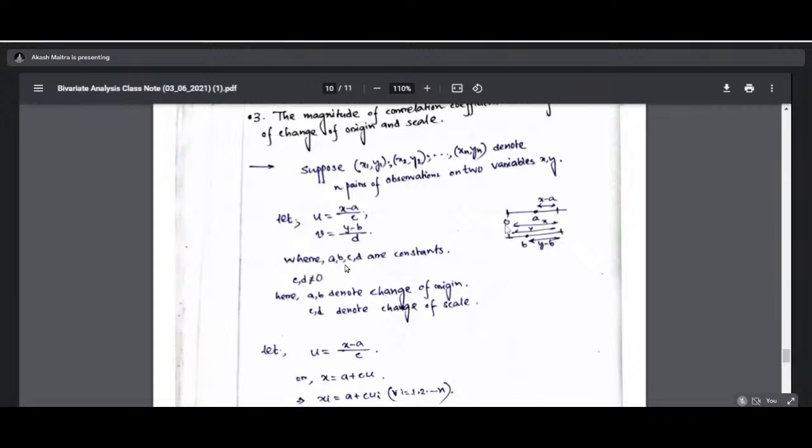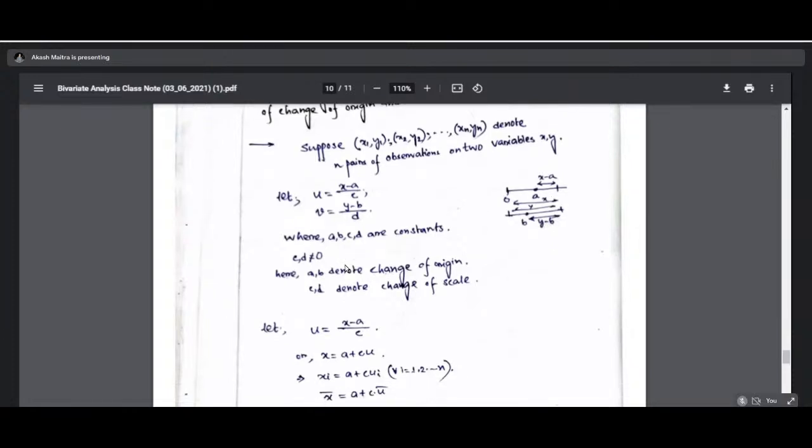If 200 people are going from Kolkata to Mumbai by bike or motor car via Hyderabad, x shows the total distance, whereas a to x shows the Hyderabad to Mumbai distance. But this doesn't affect the whole journey. So x minus a, if I change the origin, shifted from 0 to a, there will be no problem.